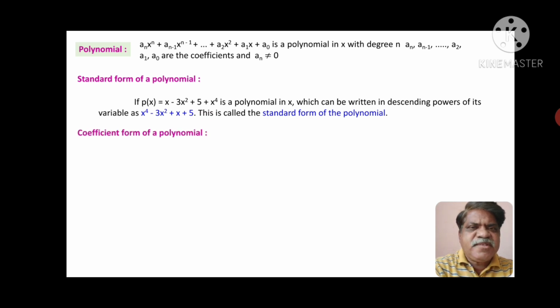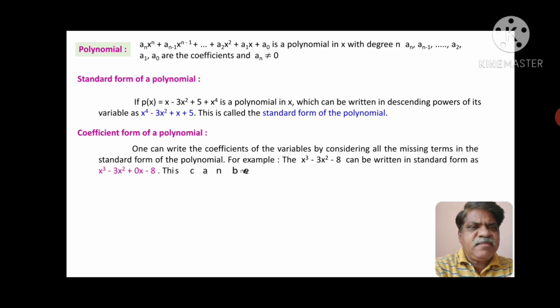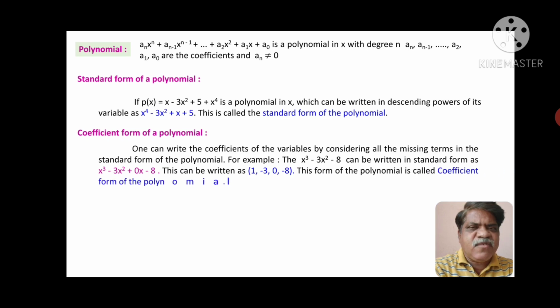Now the coefficient form of the polynomial. Friends, one can write the coefficients of the variables by considering all the missing terms in the standard form of the polynomial. For example, x^3 - 3x^2 - 8 can be written in the standard form as x^3 - 3x^2 + 0x - 8.